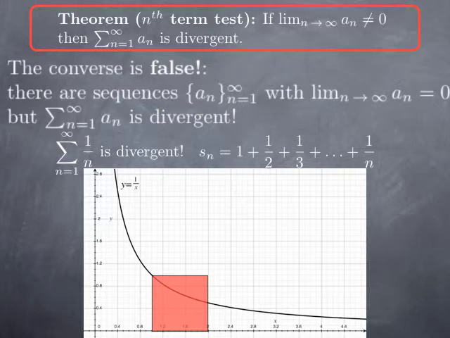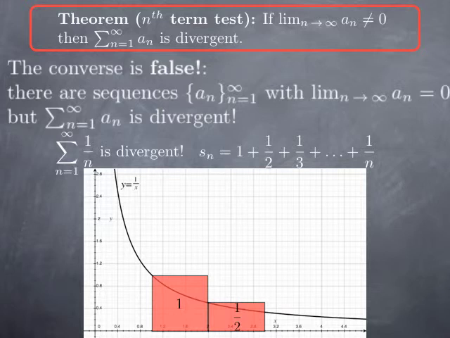So the height is 1, the width is 1, it has area 1. 1/2 is going to be represented by another rectangle. The base on the x-axis goes from 2 to 3, and the height is given by the value of the function at 2, which is 1/2. So I have something of width 1, of height 1/2. It has area 1/2.